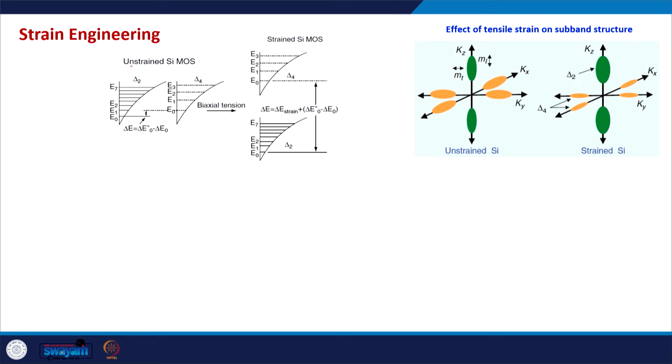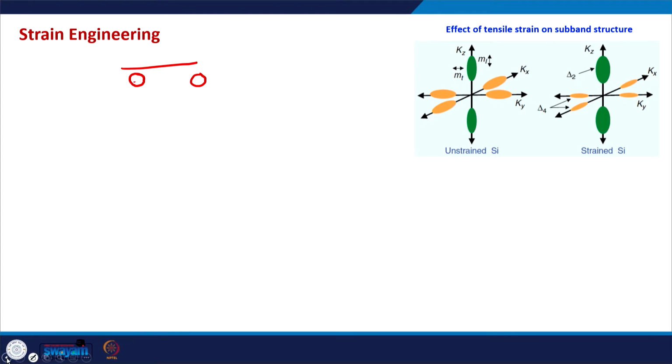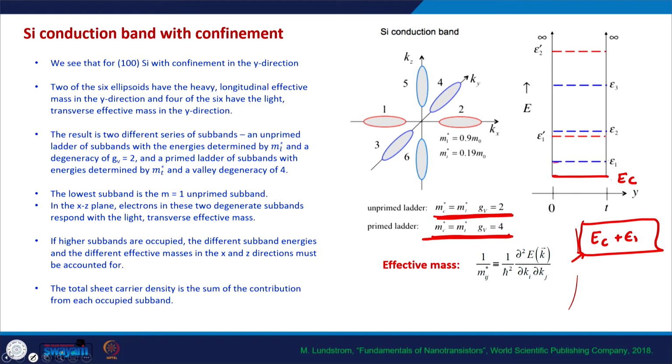So, this is the unstrained silicon, and in unstrained silicon MOSFET, as we have already seen, because of the quantum confinement there is energy splitting. So, now these delta 2 are the 2 heavy electron valleys and delta 4 are 4 light electron valleys. So, if we go back to the previous slide, delta 2 corresponds to the unprimed energy levels.